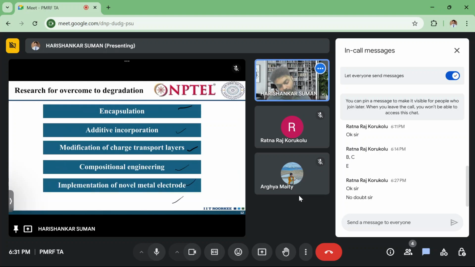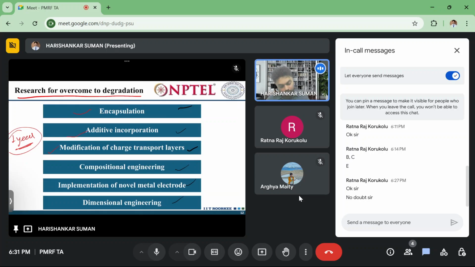So the research community is trying to overcome degradation, as lifetime is only 1 year. The work can improve via encapsulation, additive incorporation, modification of charge carrier transport, and composition engineering like BX3, where we can mix A and A or replace, MAPI and FAPI, using an intermix of some percentage.